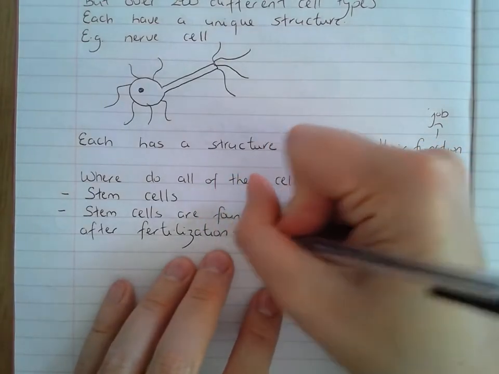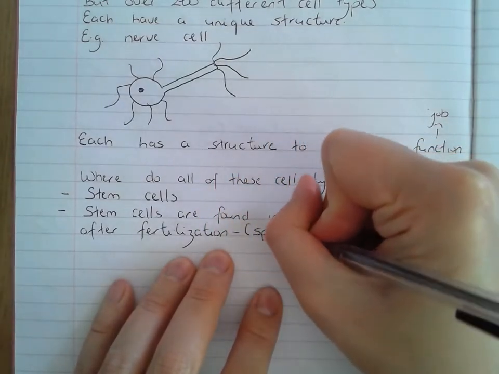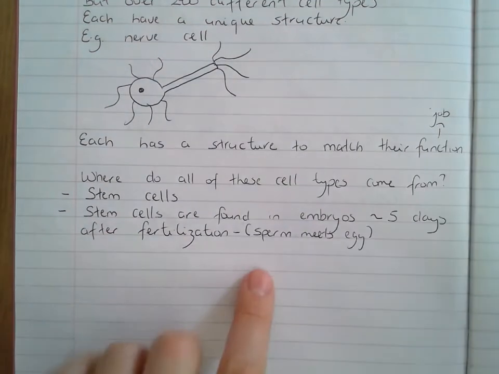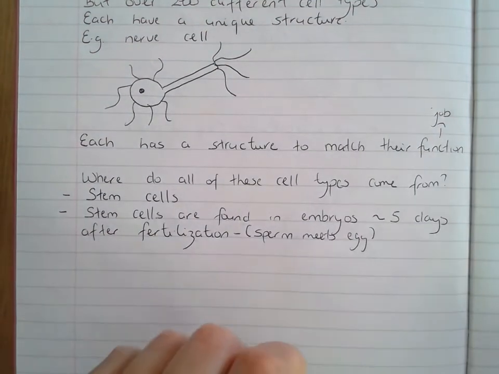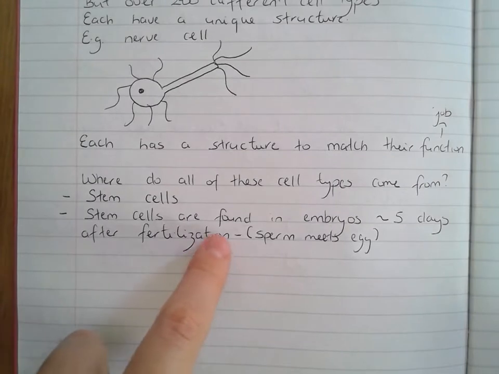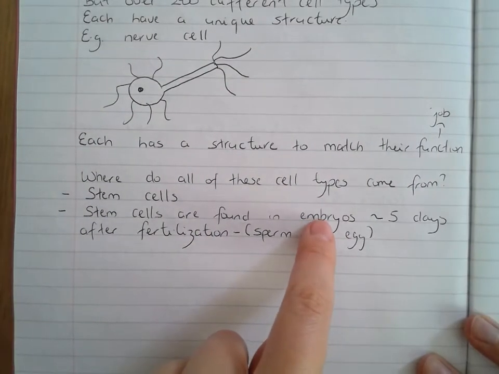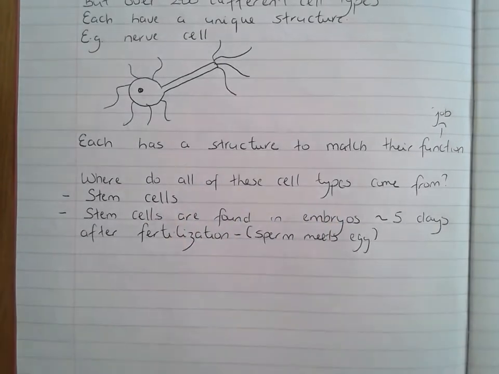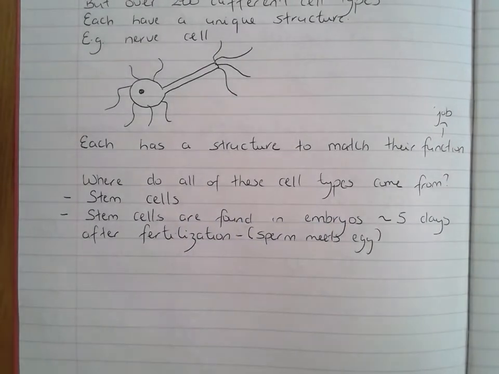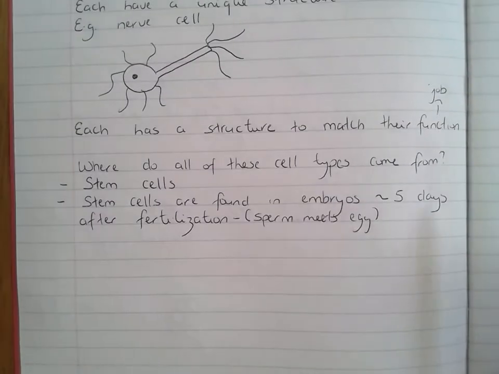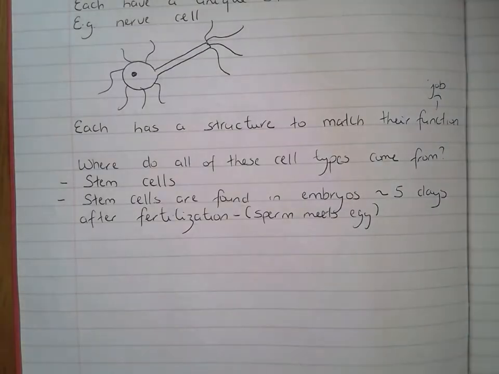Just to remind you, fertilization is the sperm meets egg. The fertilized egg cell will grow and divide until it forms an embryo, and within that embryo you have got stem cells. And these stem cells are so important because they alone have the ability to become every single cell type in the human body.